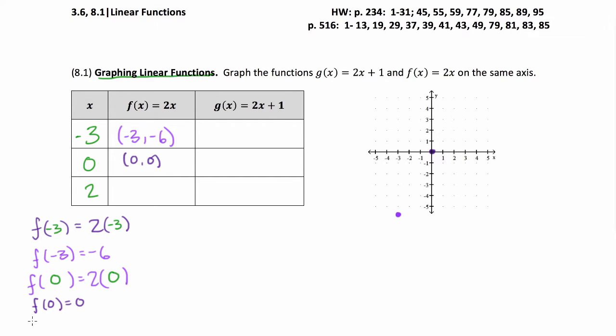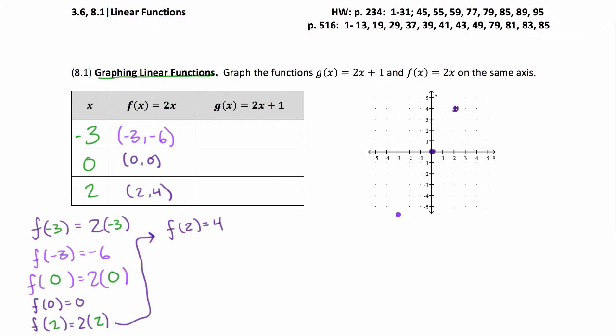And then I have f of 2. So f of 2 equals 2 times that input, which is also 2. So I'm going to plug in that 2. And what I end up with then is f of 2 equals 4. So that gives me the point 2, 4.